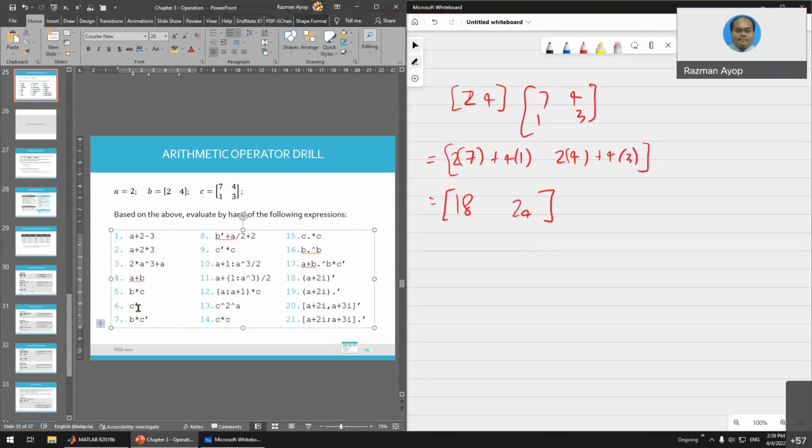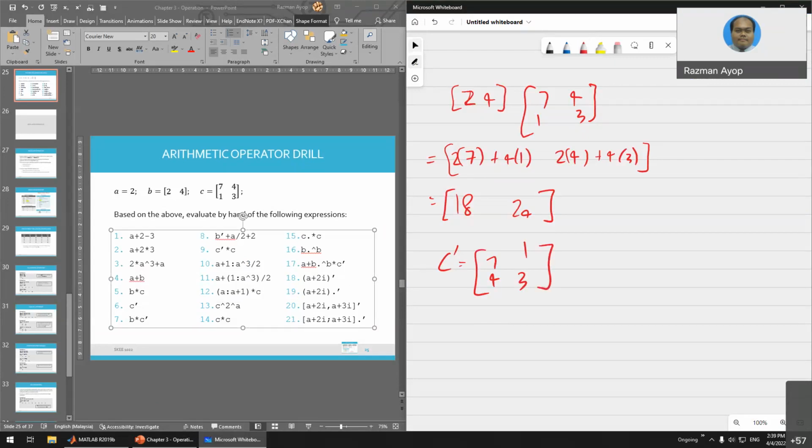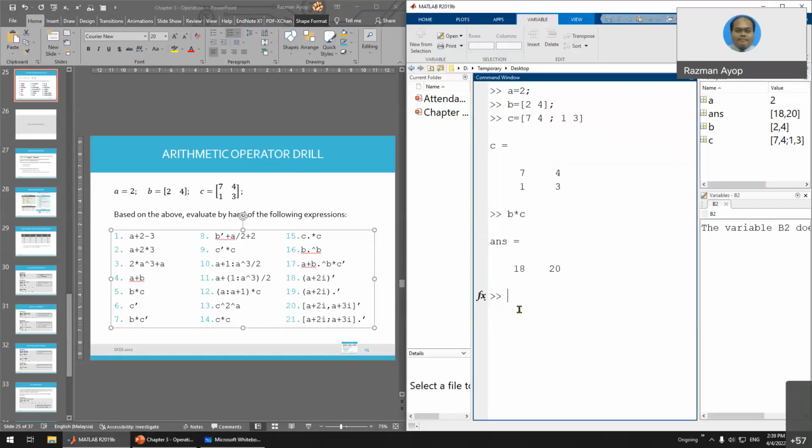So C transpose. You can see here, this is a matrix transpose. There is no complex number, so no need to worry. For C transpose, remember, the diagonal will be maintained, but the others need to flip. Let us look at the answer.